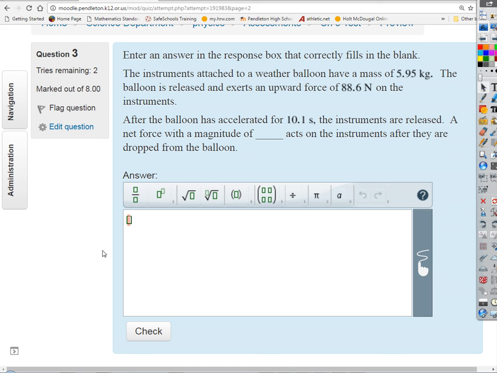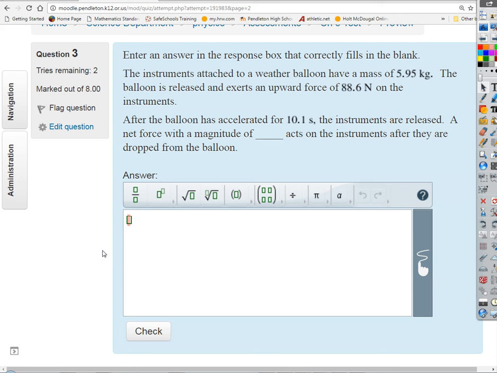They give us a bunch of extraneous information, because after the balloon has accelerated for 10.1 seconds, the instruments are released. What net force acts on the instruments after they are dropped from the balloon? All that first part is completely irrelevant. Once they're dropped, the only force acting on the instruments is gravity.